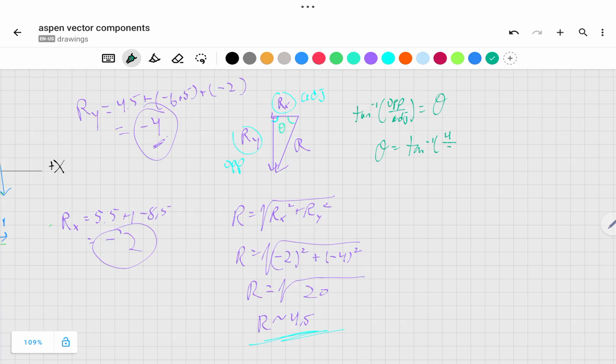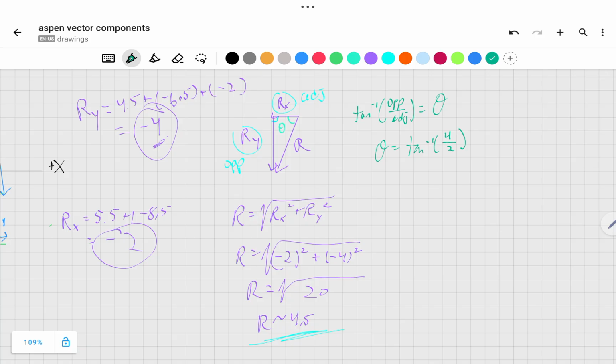My adjacent side was 2. And now I have the tan inverse of 2, which I need to actually see what that is. Arctan of 2 is, I need that in degrees.